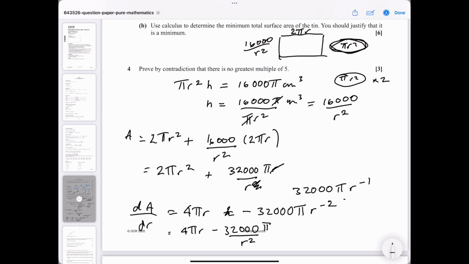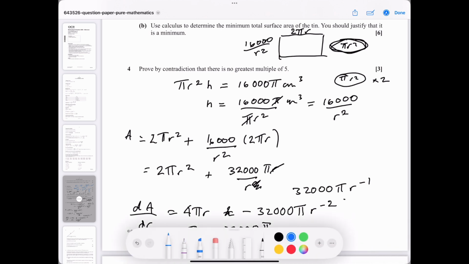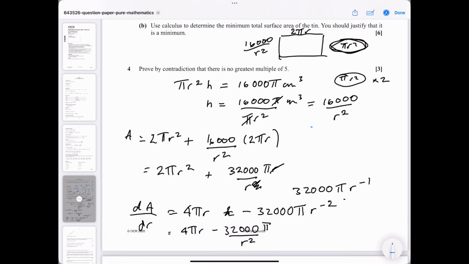So now when we set this to 0, because that's going to be the minimum or the maximum, 0 equals 4 pi r minus 32,000 pi over r squared. So if we add it onto both sides, 32,000 pi over r squared equals 4 pi r.